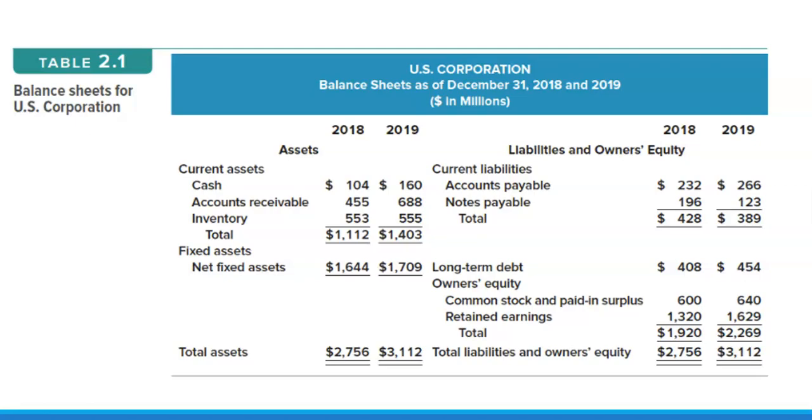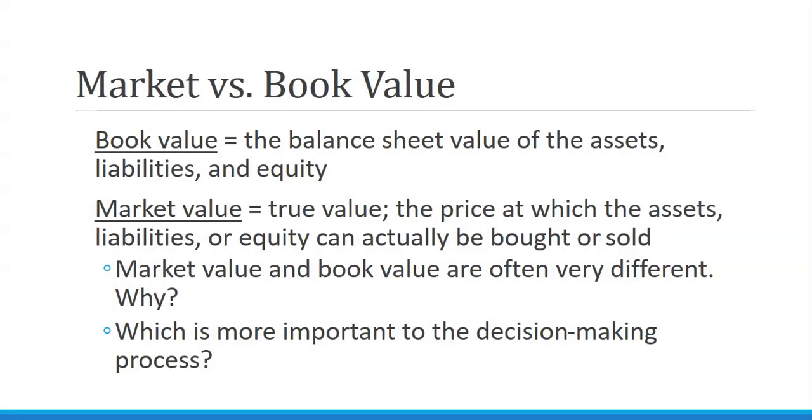Other financial things that we're going to discuss are the market value versus the book value. We know that the book value, or the accounting value, the balance sheet value of assets, liabilities, and equity, is historic information. That is recorded under US GAAP, that we record information at its historic cost.